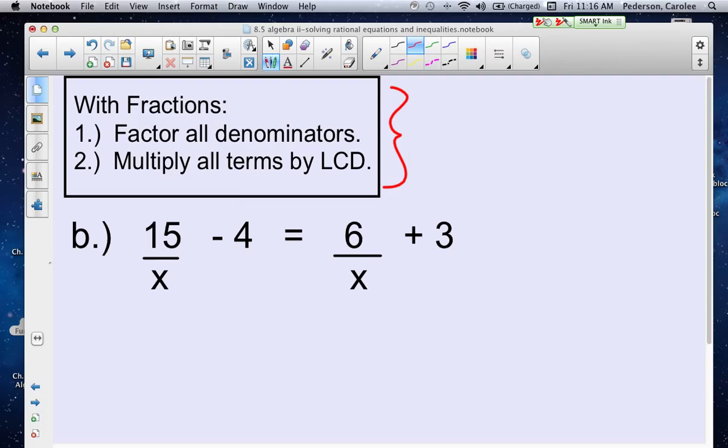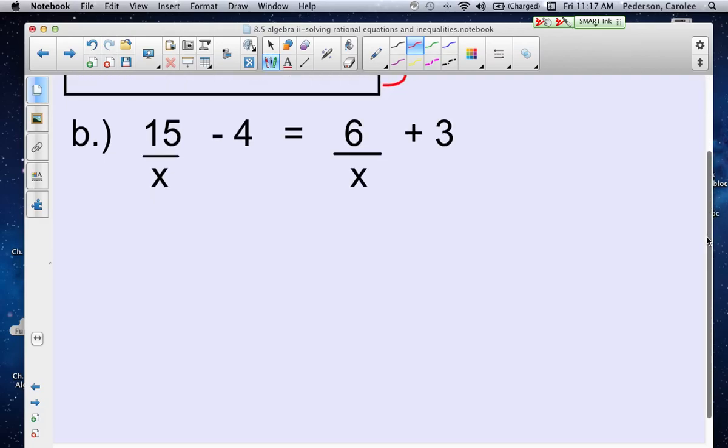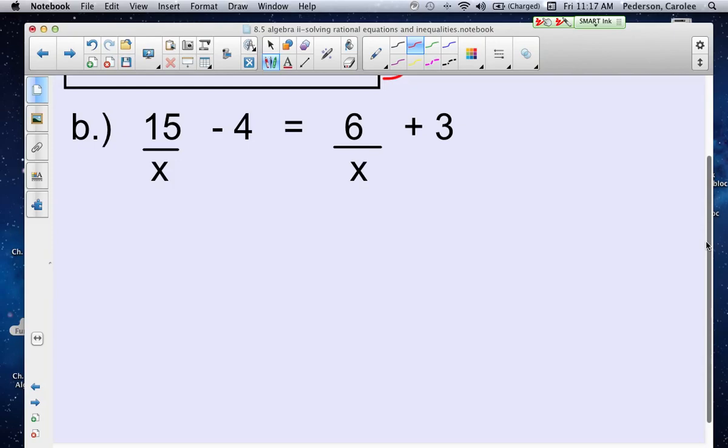In this example, there is no factoring needed. So we go on to find the least common denominator. If we look at the denominators, there's an x here, this is really over a 1. There's an x here. And then this is over 1. So the common denominator to make all of the fractions alike, which we call the least common denominator, is x.